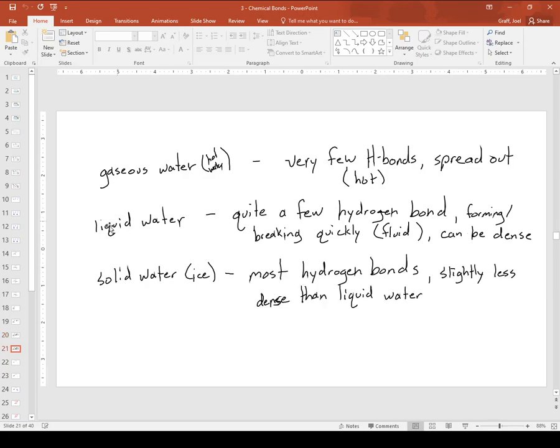And then finally, when we get to solid water, this one has the most hydrogen bonds, and somewhat surprisingly, it's slightly less dense than liquid water.